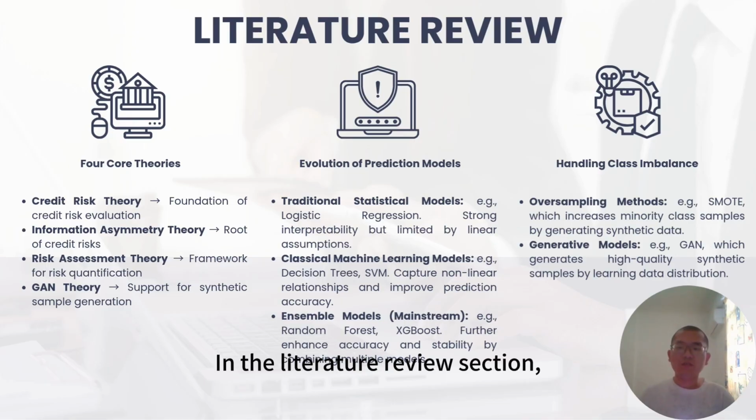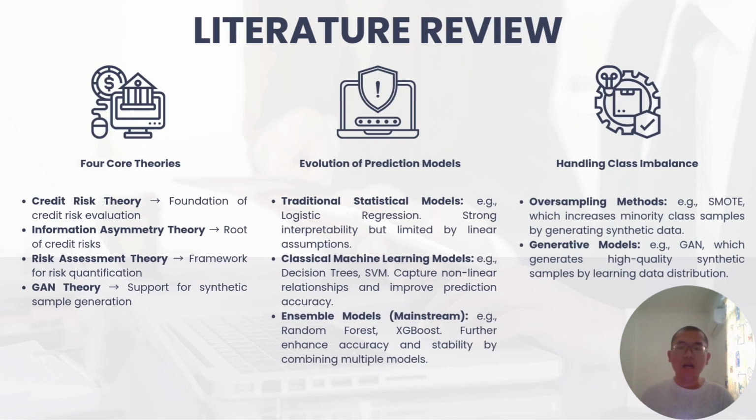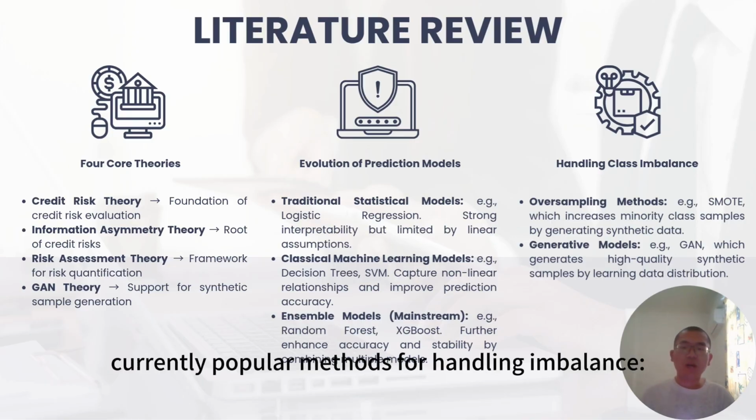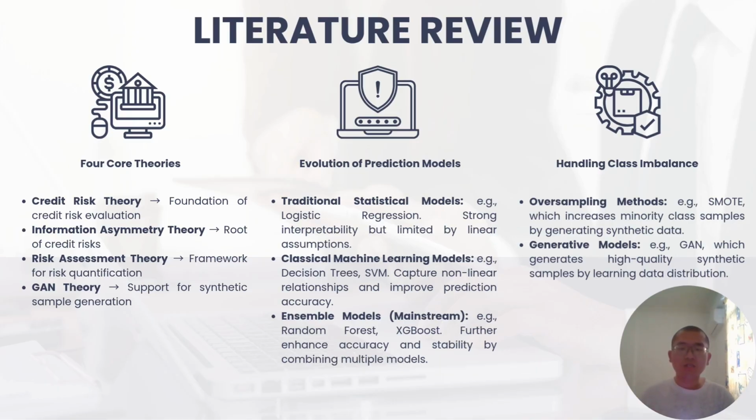In the literature review section, I identify four relevant theories, describe the development process of machine learning, and point out two currently popular methods for handling imbalance: oversampling, represented by SMOTE, and generative, represented by GAN.